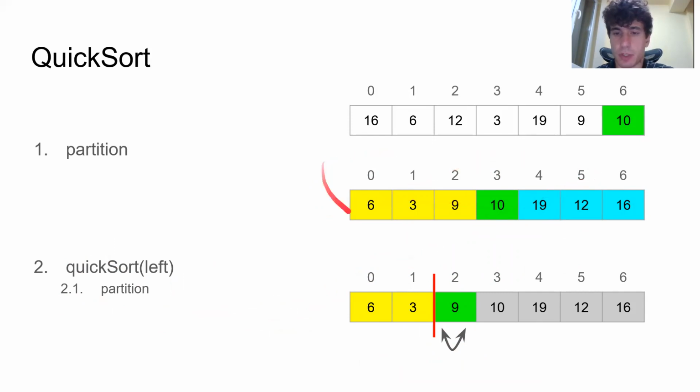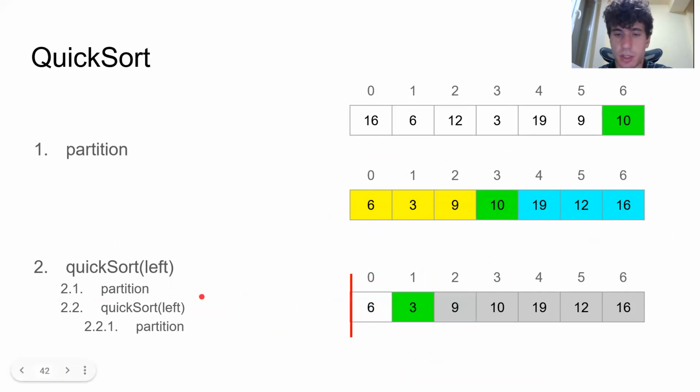So we started with QuickSort on the big array. We started the left part, and we did the partition. And after that, we do QuickSort on the left side. And again, we do partition.